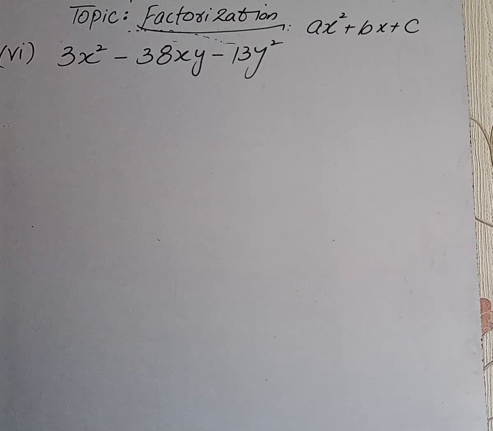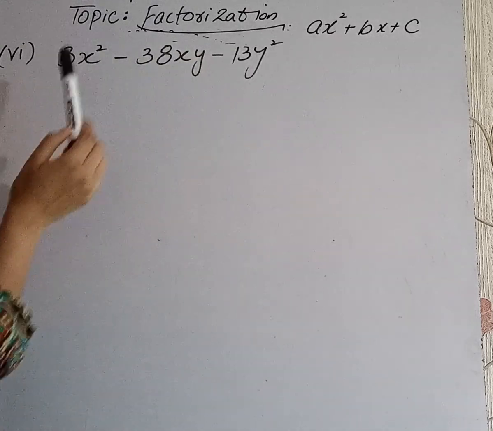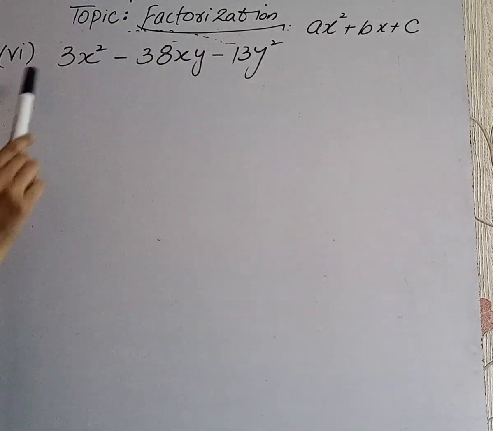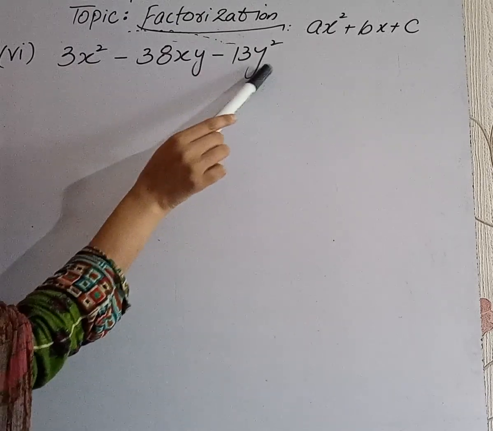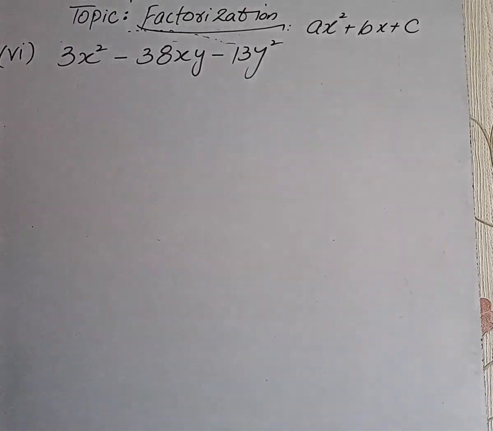You will see here this is 3x squared minus 38xy minus 13y squared. This is also in the form of this expression, because the first variable we are going to consider is x squared, then x, and here there is no x, meaning the constant one. So the second variable is used over here, y. So in one expression there can be two variables.